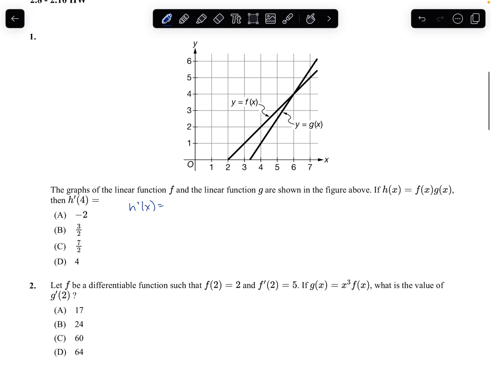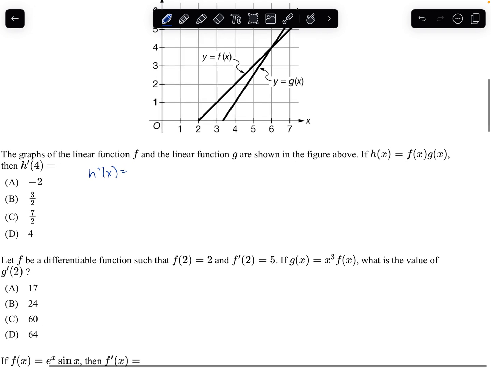But in any case, I do the first function, which is f of x, times the derivative of the second, plus the derivative of the first, times the second. So that would be the derivative of h of x.